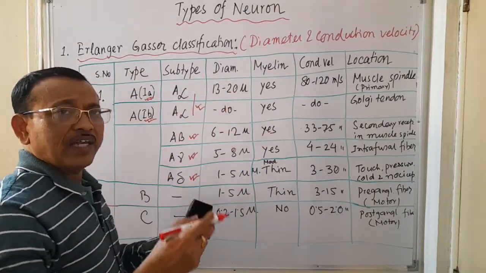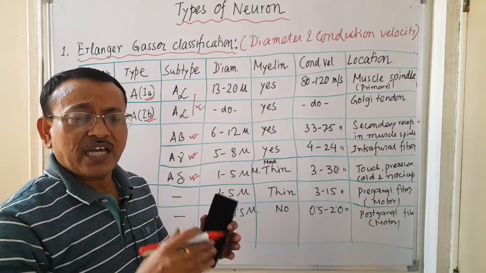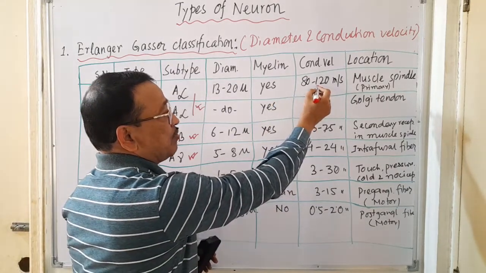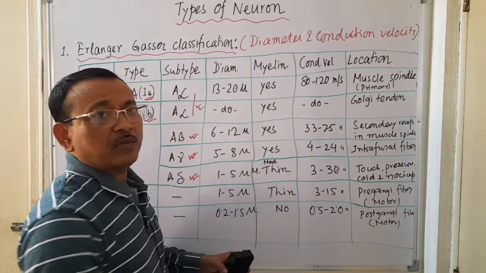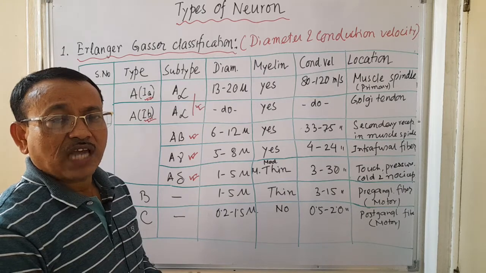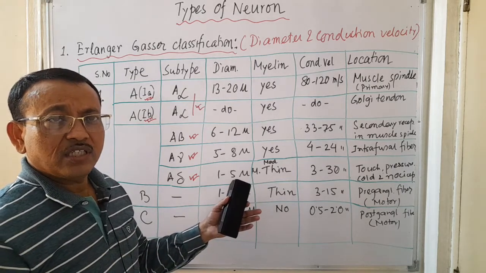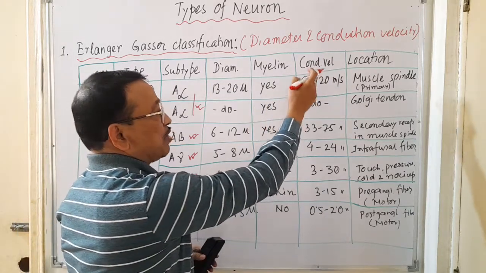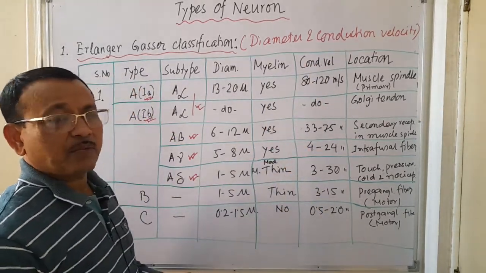As the myelin sheath is present and its diameter is maximum, its conduction velocity is maximum, that is 80 to 120 meter per second. So as the diameter is more, it will pass the signal rapidly.